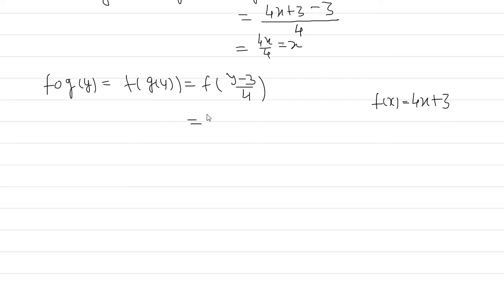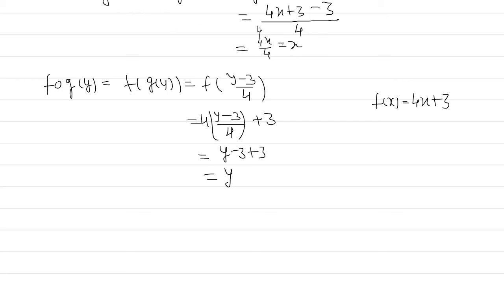So in place of x, we'll write (y minus 3) by 4 in the definition of the function f(x). That is 4 times (y minus 3) upon 4, plus 3. This 4 will cancel this 4. We'll get y minus 3 plus 3. Finally, we'll get y. Starting with y, we are getting y. Starting with x, we are getting x.